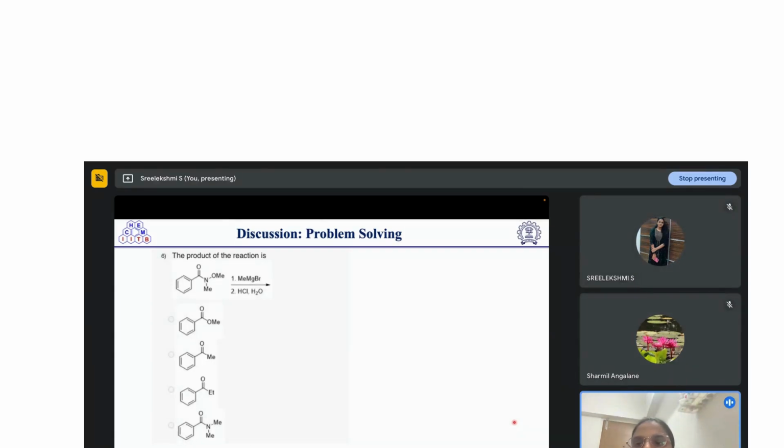This kind of benzopyramide basically we are using for this 1,2 addition on a ketone, because this is a very good leaving group.